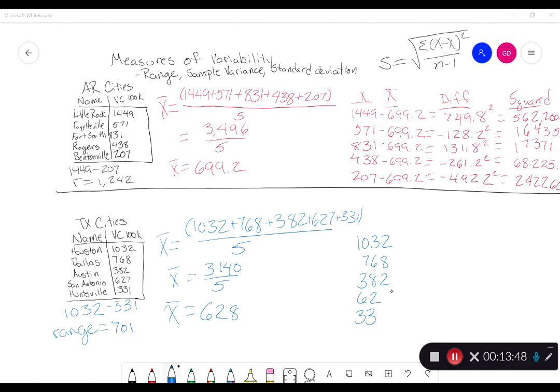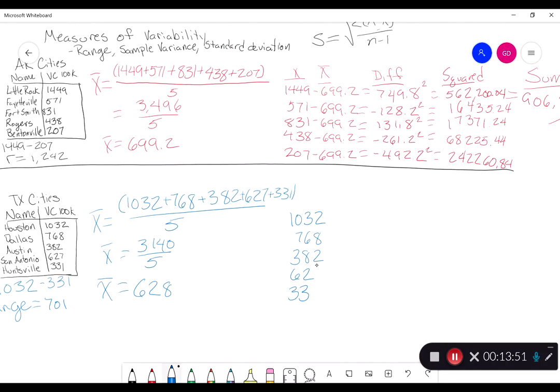These are our values, and I want to subtract the mean that we just calculated, the 628, to obtain the difference between the two. So that will give us our difference. So go ahead and calculate those.